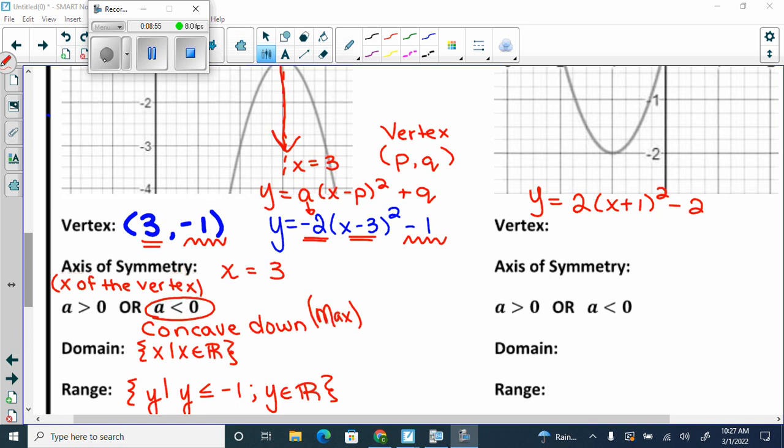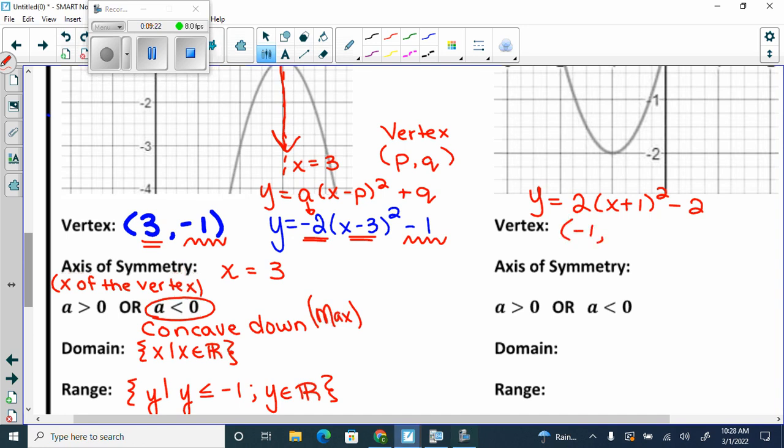Now, I don't actually need the graphing calculator, and I don't need the graph. And I don't need your phones, so make sure your phones are away. I didn't actually need my calculator, because your vertex, when it's in vertex form, can just be pulled from the equation, correct? If this is a +1, which way did I move? 1 to the left, which is actually what number? -1.